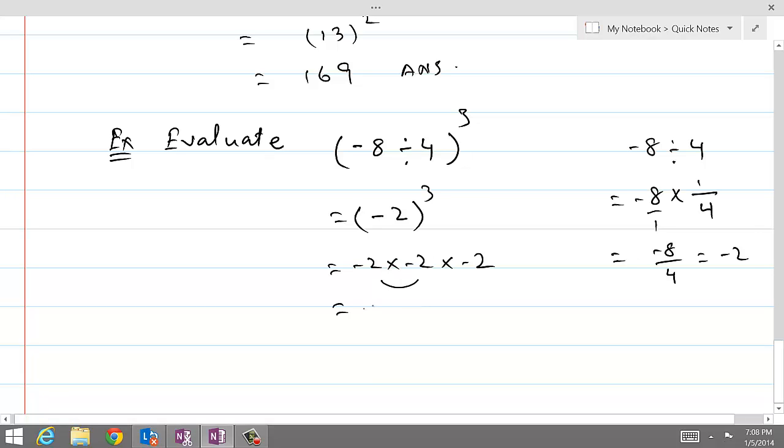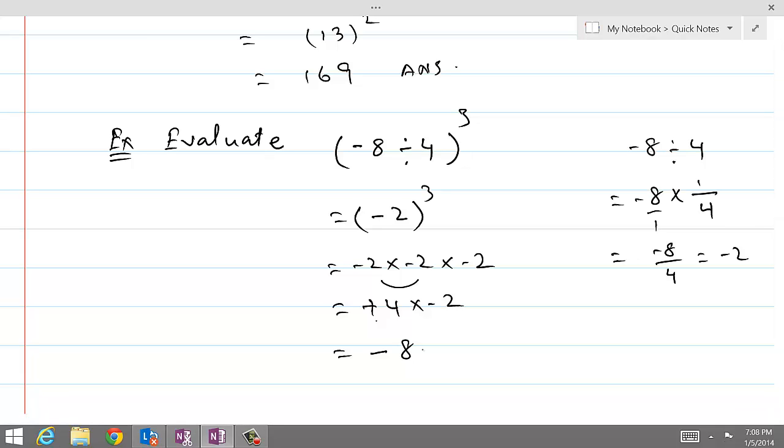Negative times negative is positive. 2 times 2 is 4. Times minus 2, again sign with sign, number with number. So positive times negative is negative. 4 times 2 is 8. You remember that when opposite signs are multiplied, the answer is always negative. Same signs multiplied, the answer is always positive.